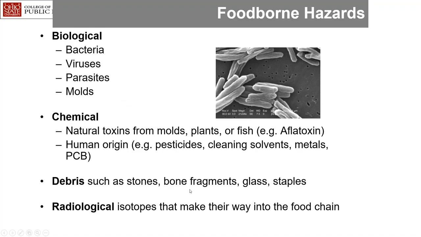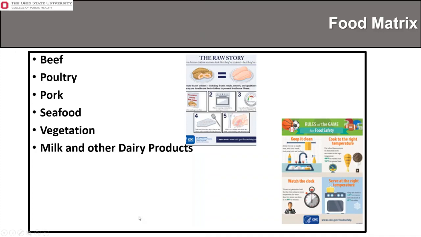There can also be debris during food prep and food manufacturing or processing, and even radiologic agents. But we tend to think of foodborne hazards and related foodborne illnesses solely from the microbiological level, and that's fine, but it's really a little broader than that in actual practice.